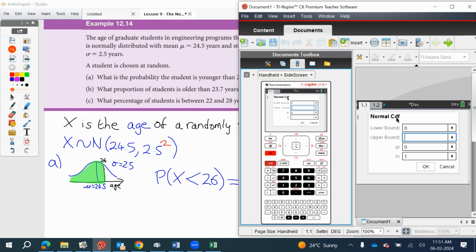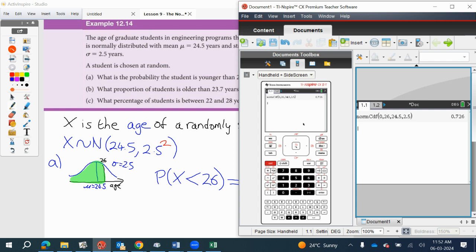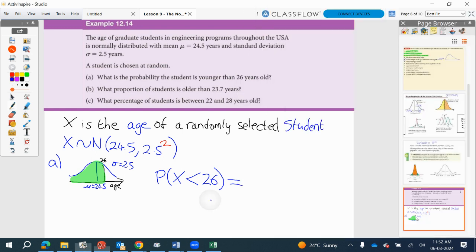The upper bound is 26. Our population mean is 24.5. For the standard deviation, this is where you get stuck: the calculator takes standard deviation, but the distribution takes variance. This will give you your answer, a probability of 0.726.